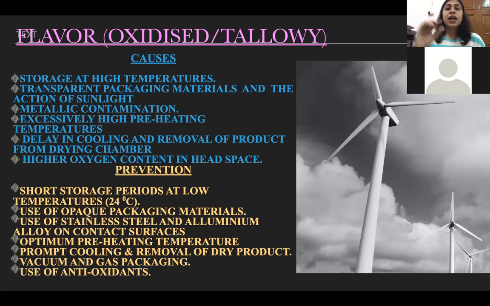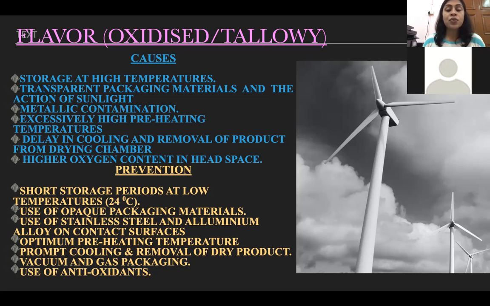And the last one is higher oxygen content in the headspace. We had read that oxygen content in the headspace should not be more than 2%. But when the oxygen content in the headspace is more than 2%, then the oxygen present in the headspace has more capacity of oxidizing the fats. As a result, oxidative tallowy flavor develops. In order to control this, we either go for vacuum packaging or gas packaging.